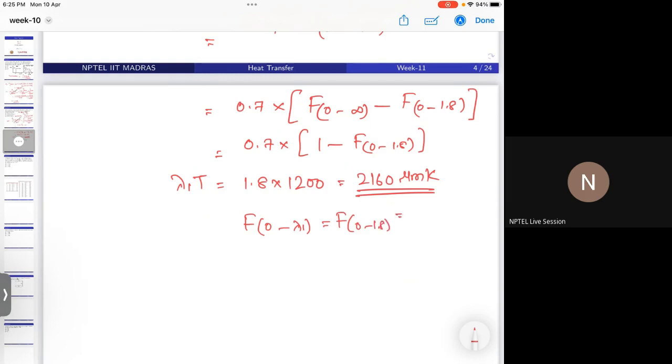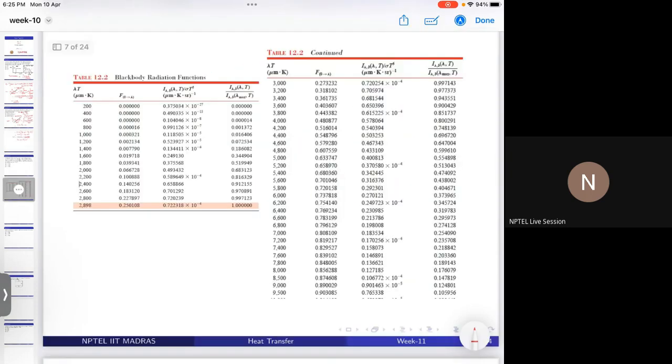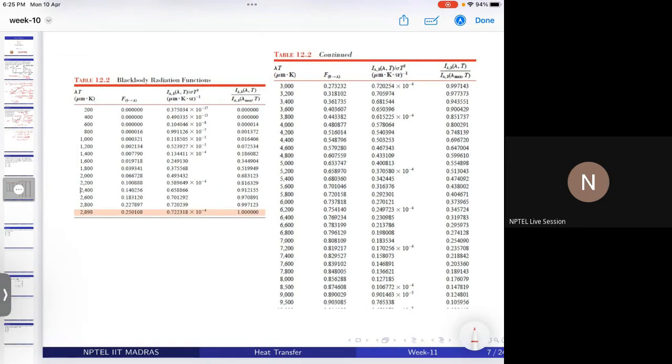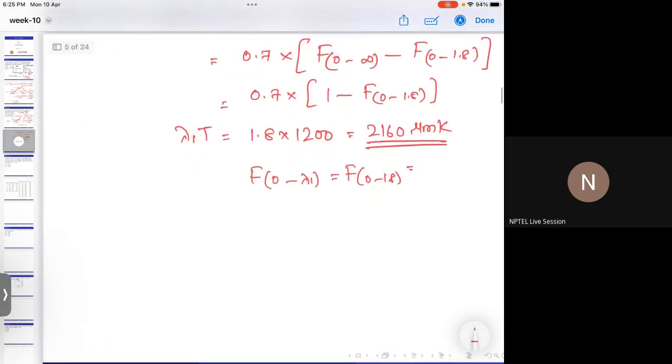I hope you have that map. Otherwise, you can see this. So this will be in between these values, so you can interpolate, and it will come out to be around 0.094. You can do that as homework. I hope the method is clear on how to find it out.